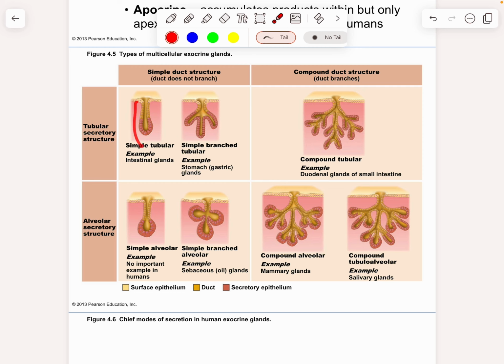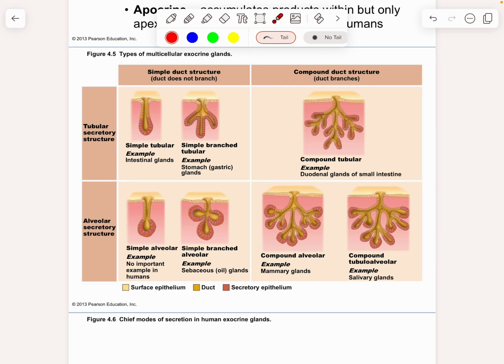And so these are long, they are our tubular structures, and then the alveolar are going to be more round. So again, here's our simple non-branching, our simple but branching, and then our compound that then also branches. And this last one is the combination, the tubulo-alveolar.